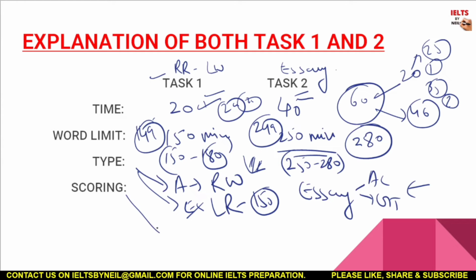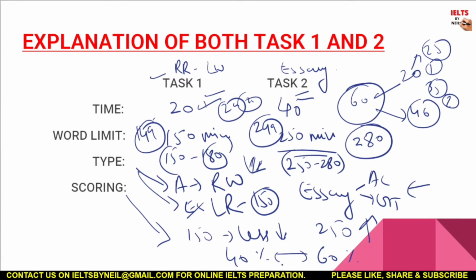Now scoring. How the scoring is done: of course, task 1 is of 150 words, so it will be of less weightage. Okay, task 2 is 250 words, so of course it will be of more weightage. It's around 40% and 60%, but both are important. Okay, so you have to do both with the correct word limit, within the given time, and with all the procedures.